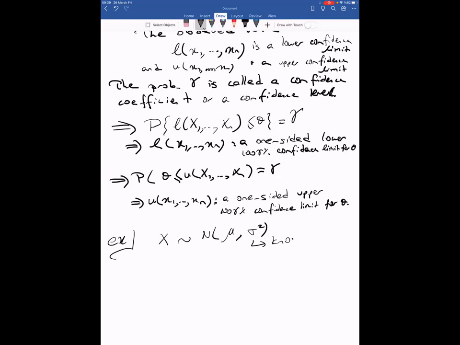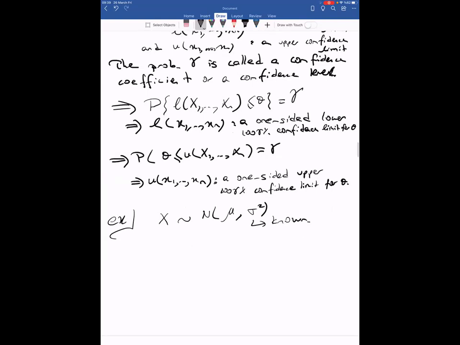Here we have mu, and we know that x bar is the best point estimate for mu. It is an unbiased estimator, consistent estimator, sufficient statistic, uniformly minimum variance unbiased estimator, maximum likelihood estimator, efficient estimator. So it is the very best estimator of mu.